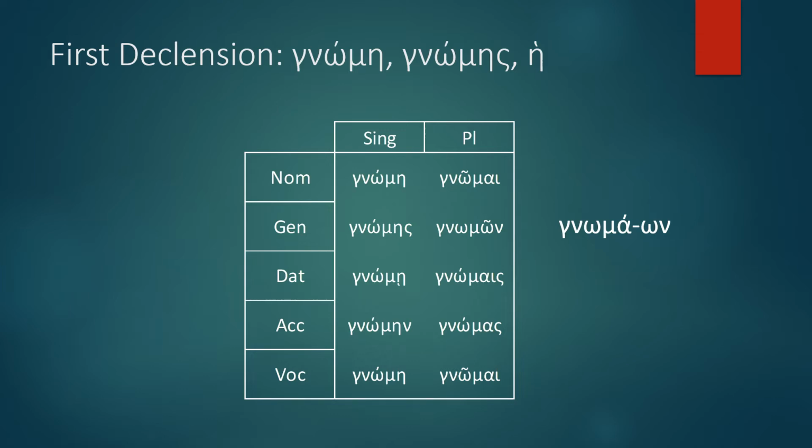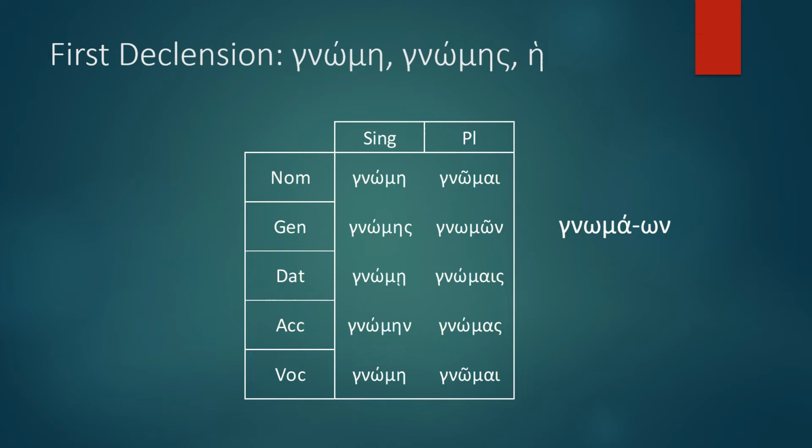Looking at gnomais, the dative plural. Yes, final alpha iota is considered short for accentuation purposes, but final alpha iota sigma is not. So we have a long ultima, and so our word is just a paroxytone.